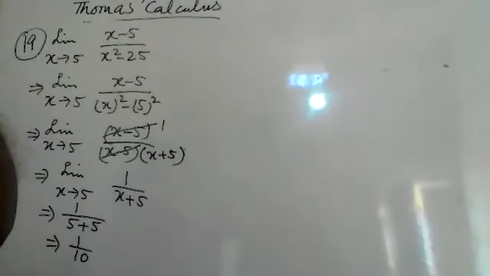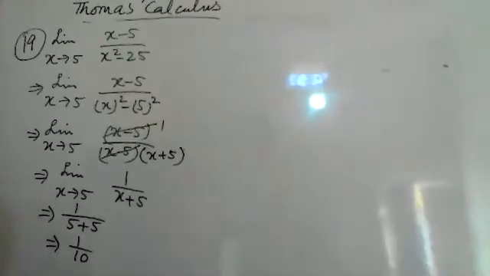Now I am doing question number 23. t square plus t minus 2 upon t square minus 1, limit t tends to 1.